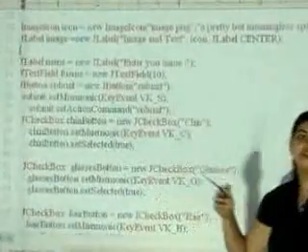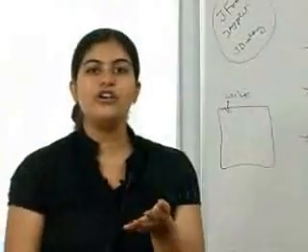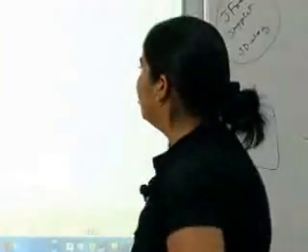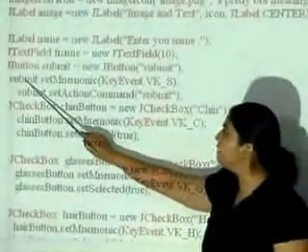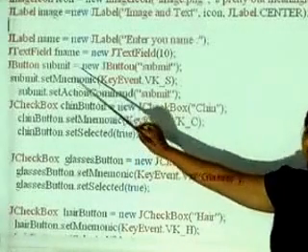I enabled it using a method called setMnemonic. You remember, if it is a JComponent, then you can allow your keyboard to interact with the components. So in order that my component interacts with my keyboard, I am saying that submit should be enabled by the keyboard.